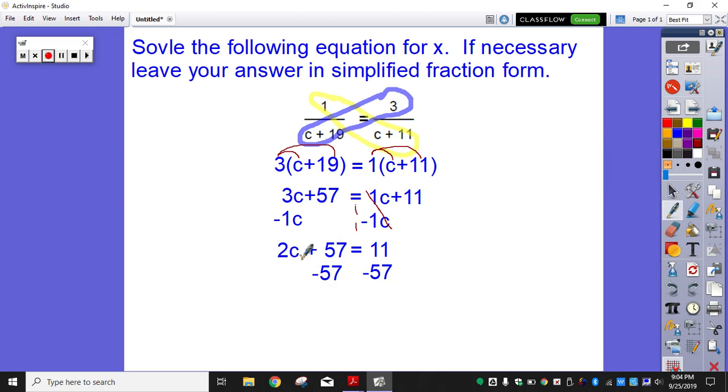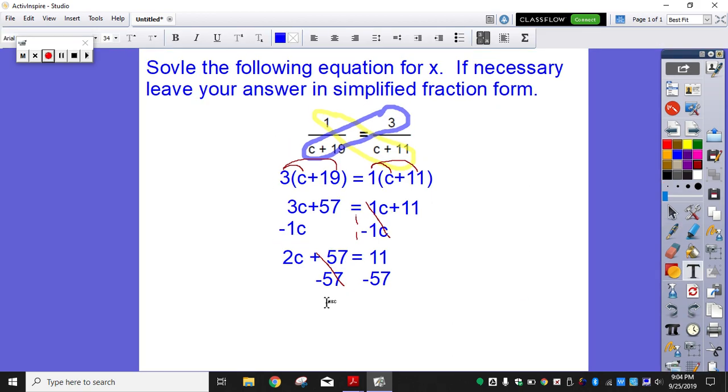So 57 and negative 57 equals 0, and they disappear, and I'm left with a 2c on the left side. And then on this right side, I need to figure out what 11 minus 57 is. That's one that I could do in my head, but I don't feel very confident. So 11 minus 57, type it in the calculator, and I get negative 46.